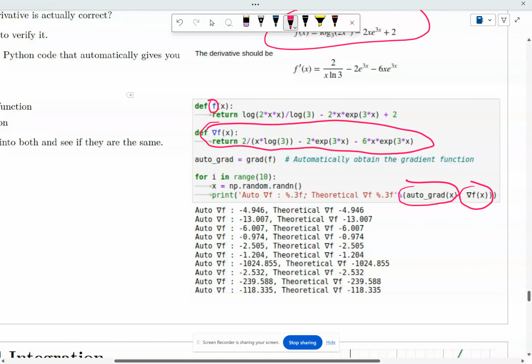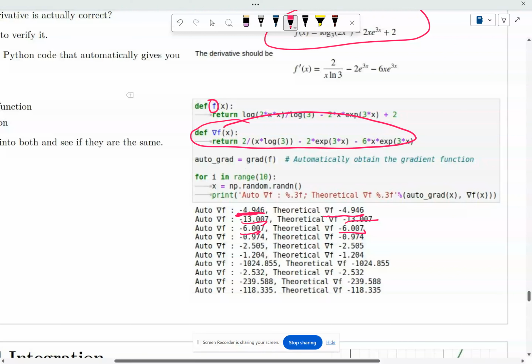This is the automatic derivative finder, and this is your theoretical result where you found the equation. If you did a good job finding the derivative, the automatic derivative function and your derivative should output the same output given the same input, right?